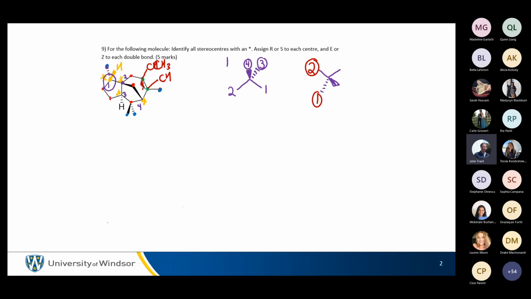So we could go to this one. The heaviest thing this thing is attached to is a carbon, then a carbon, then a hydrogen. This guy is attached to a carbon, and there was a hydrogen off of here too, because there was a hydrogen originally on this double bond. So that's all tied.